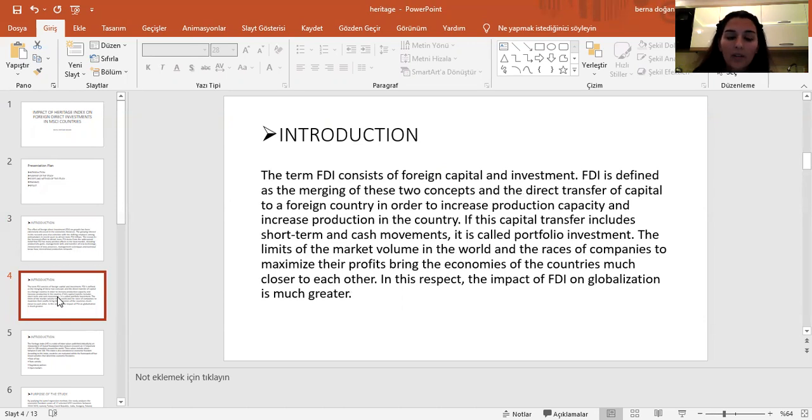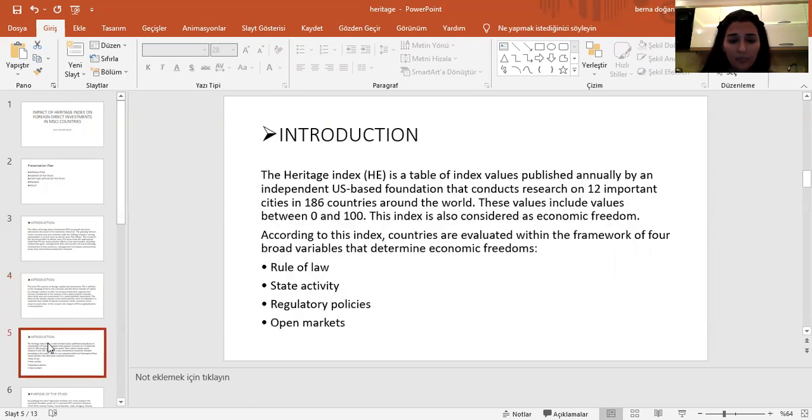The limits of the market volume in the world and the races of companies to maximize their profits bring the economies of the countries much closer to each other. In this respect, the impact of FDI on globalization is much greater.